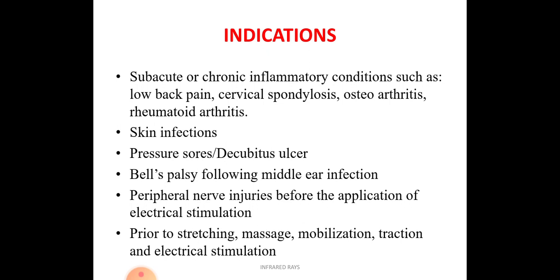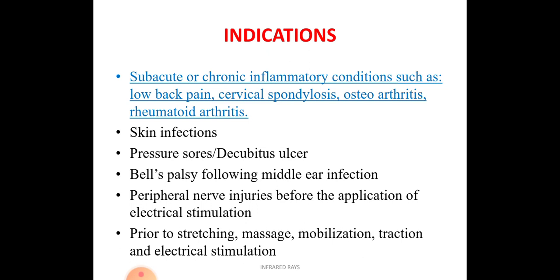Rheumatoid arthritis affects multiple joints with symmetrical distribution, like both elbows, both knees, and so on. In rheumatoid arthritis, the patient will also have morning stiffness. Generally it is more common in females as compared to males. So this was all about subacute or chronic inflammatory conditions such as low back pain, cervical spondylosis, osteoarthritis and rheumatoid arthritis.